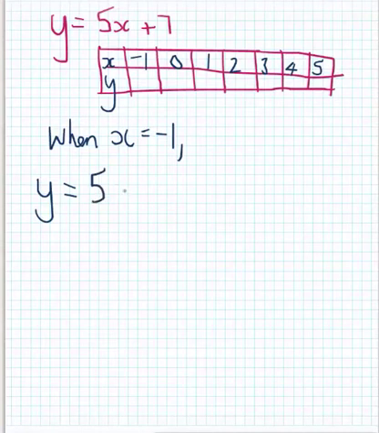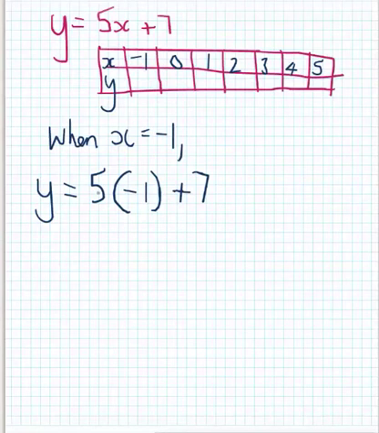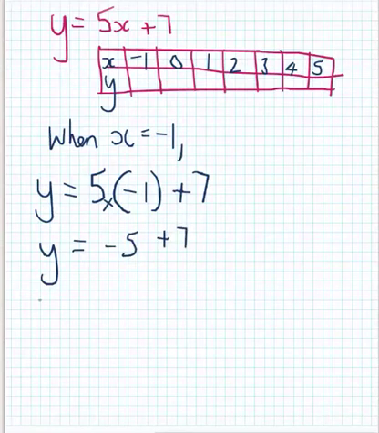Now you can write 5 times x, but we should really substitute with brackets to get into the habit of doing that, plus 7. And if I have brackets and a number outside the brackets, there is an invisible times there. If you want to write times, you can, but you don't have to, because that's sort of invisible. And now 5 times -1 is -5 plus 7, and y will equal +2.